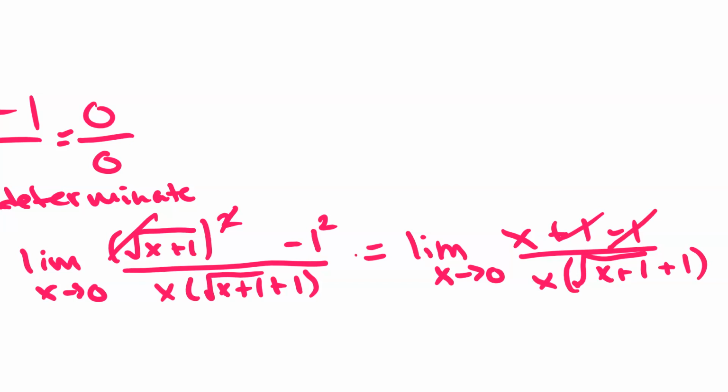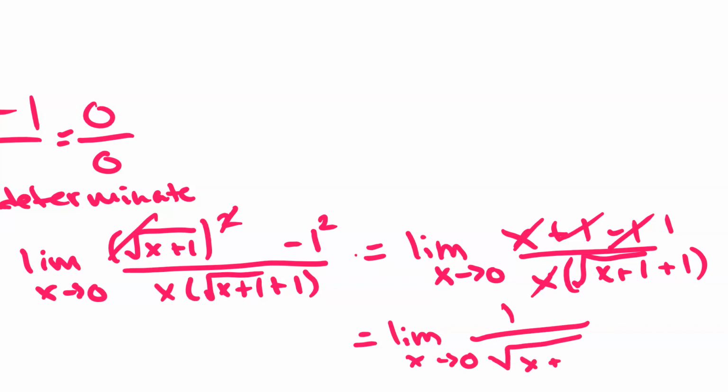So the 1 and the minus 1 cancel, the x and the x cancel, so you're left with 1 on the numerator. So we've got the limit as x approaches 0 of 1 over square root x plus 1 plus 1.